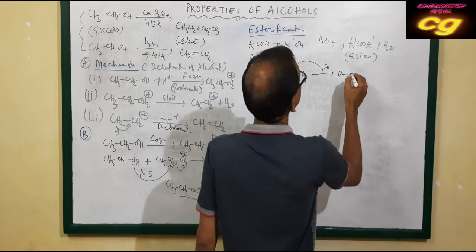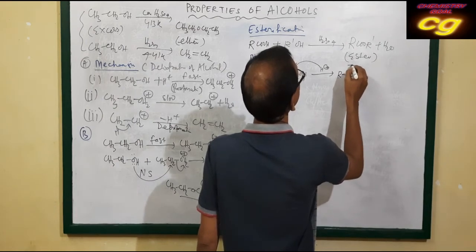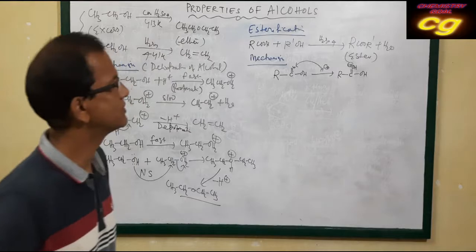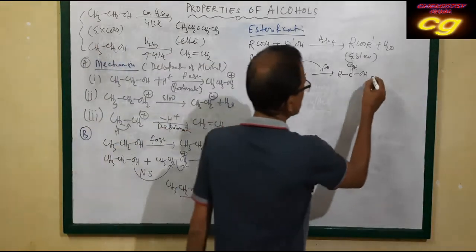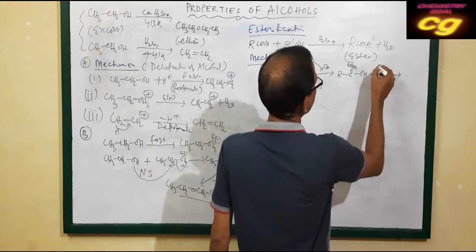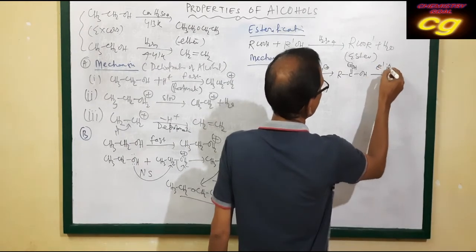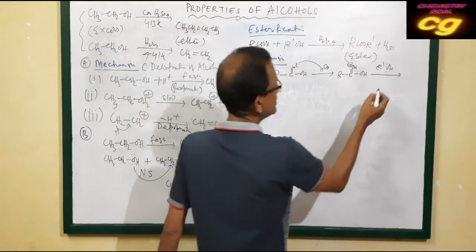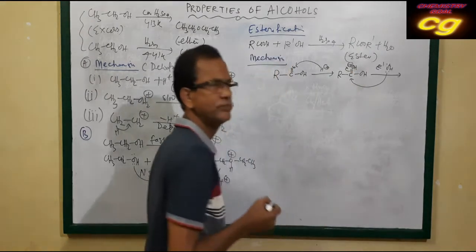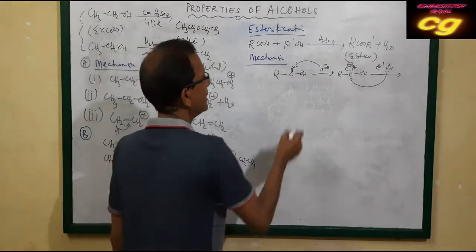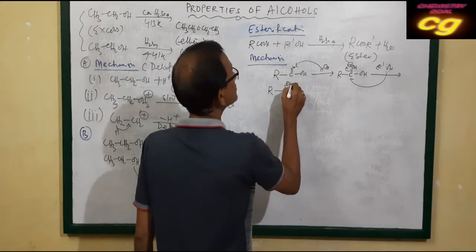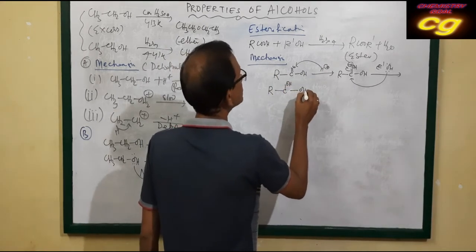Then R, C double bond OH+, then OH. First step is like this. In the second step, this reacts with your R'-OH having a lone pair. This lone pair attacks, breaking the double bond, and the result is R, C, OH, then OH.